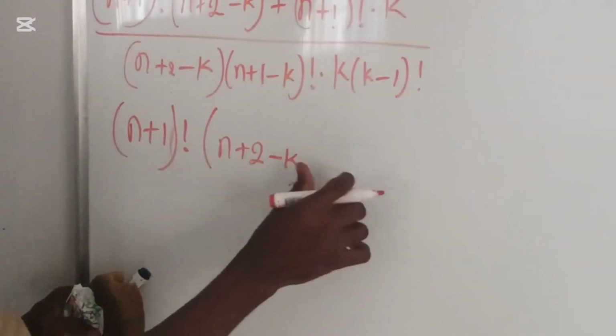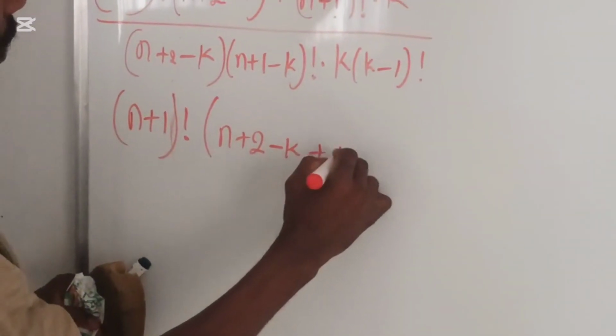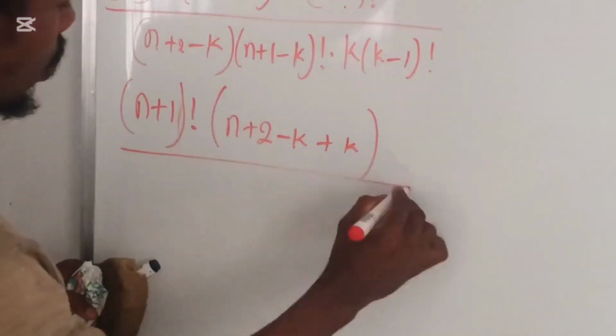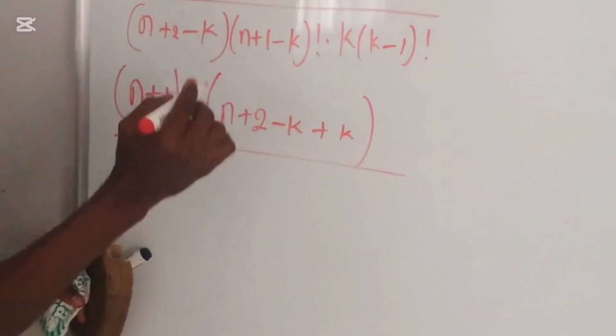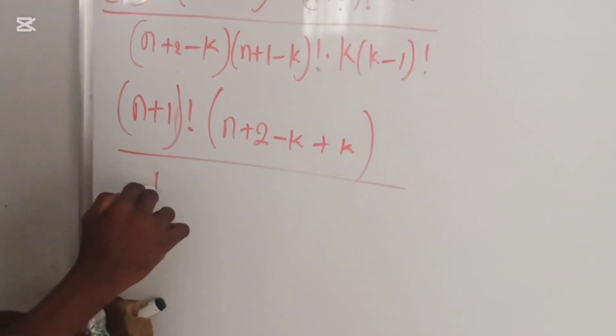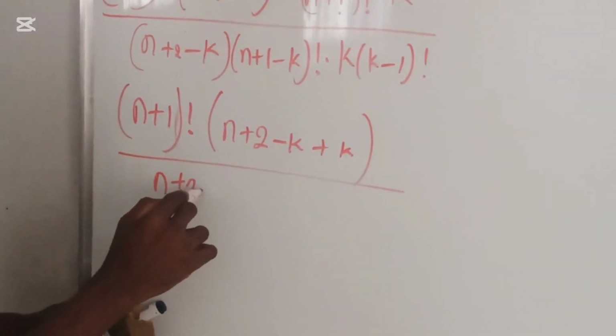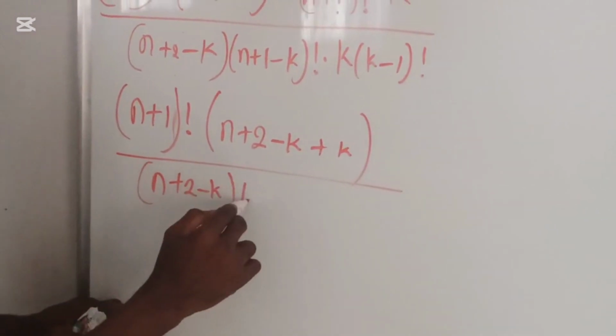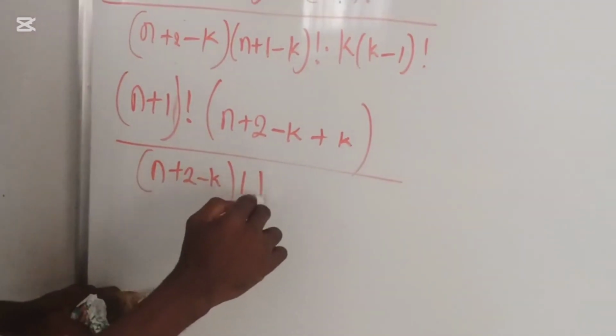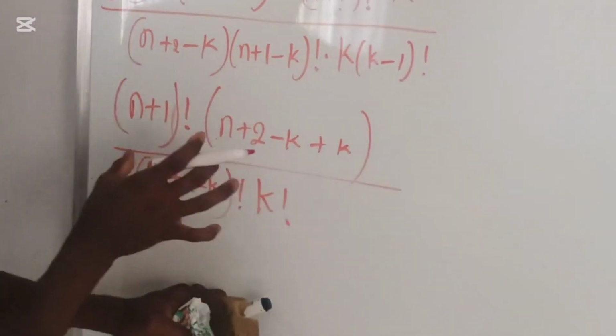Yes, minus k, then plus k, all over, let me just shrink this one, I will now have n plus 2 minus k factorial, k factorial.